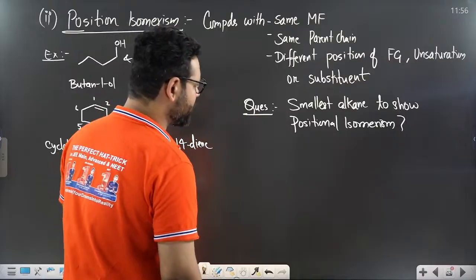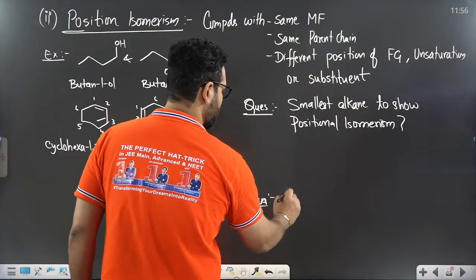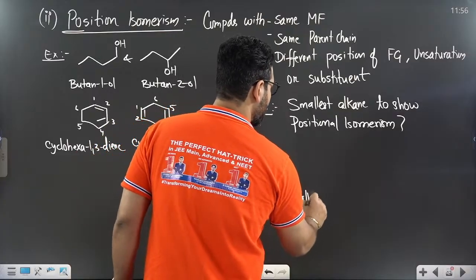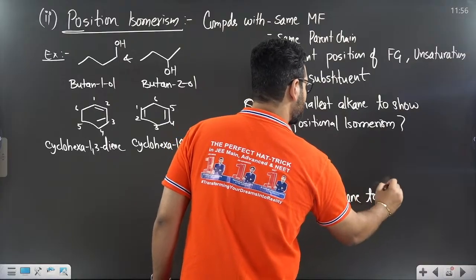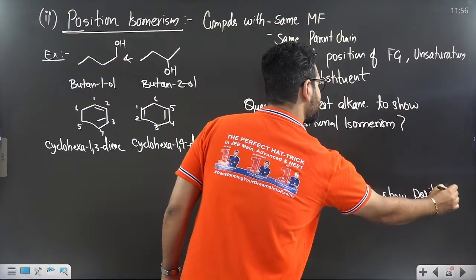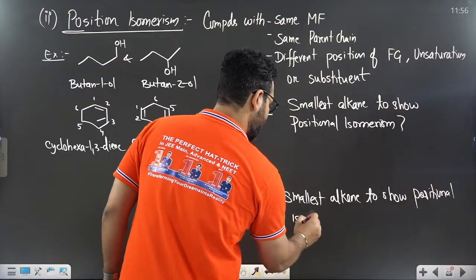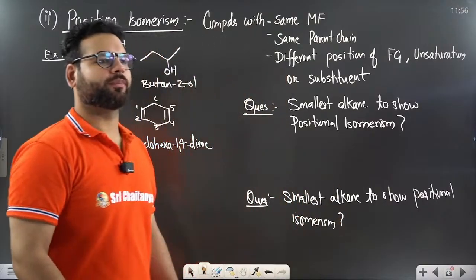Smallest alkane to show positional isomerism. Next question is, smallest alkene to show positional isomerism. Quickly tell me both the answers.